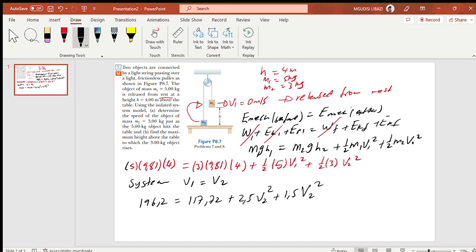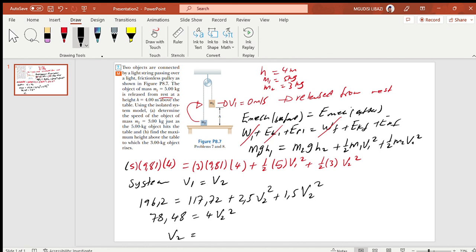So now taking 117.72 to the other side, it will be a subtraction of 196.2 minus 117.72, and then we get 78.48, which is equal to 2.5 plus 1.5, that is 4 v2 squared.